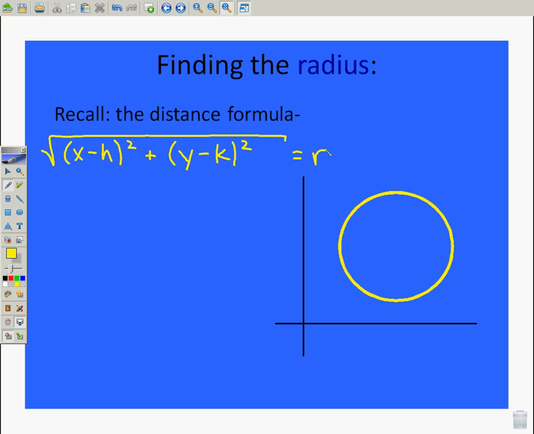Okay? But in this case, we're putting in x and h. So we're using our points. We've got the center and a point on the outside. The radius is joining them. Okay, so we've got the radius here joining them.